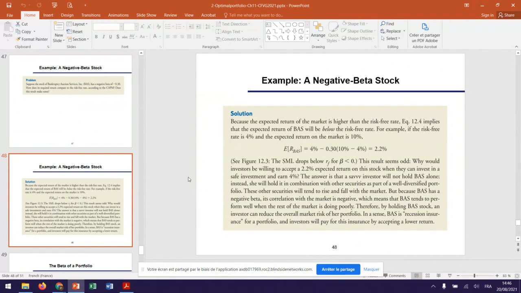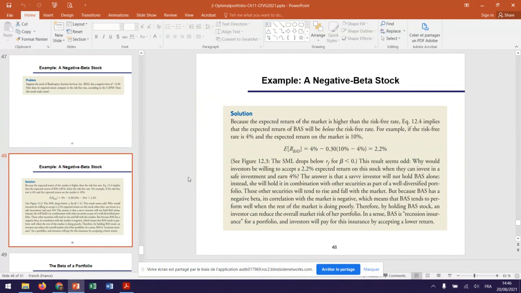So the investor who holds this stock expects to receive lower than the risk-free rate, which is 2.2%. Okay, so these results seem odd.